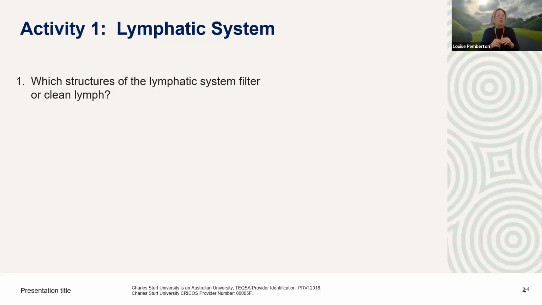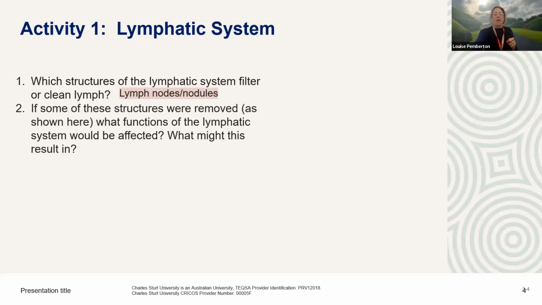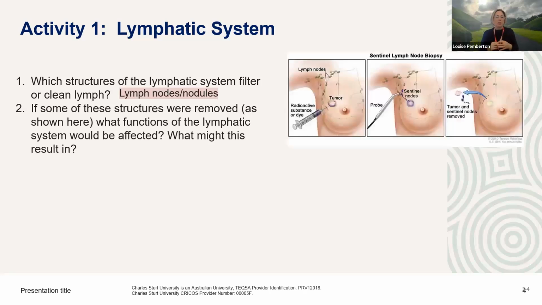So which structures of the lymphatic system filter or clean the lymph? Lymph nodes, fantastic. If some of these structures were removed, as shown here, what functions of the lymphatic system would be affected, and what might it result in? So what we're looking at here is a breast tumor, and the nodes closest to the tumor are called the sentinel nodes.